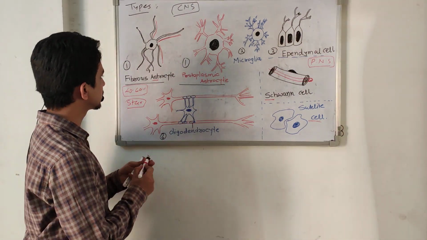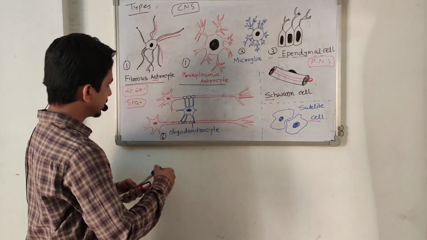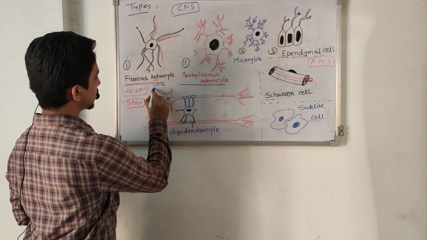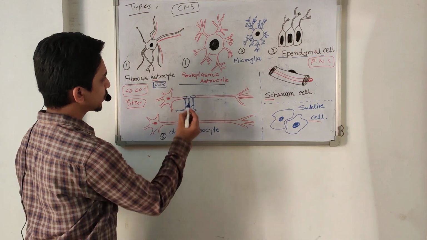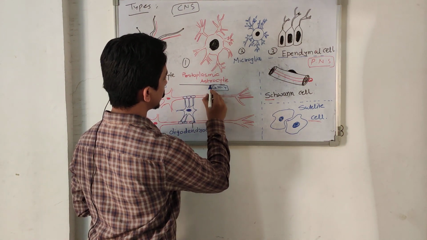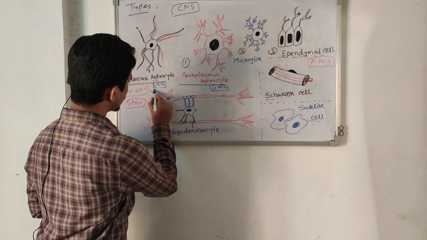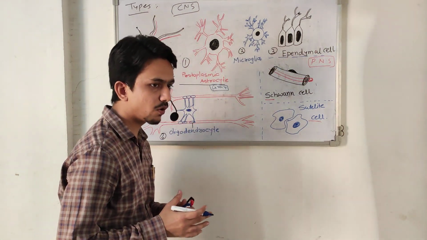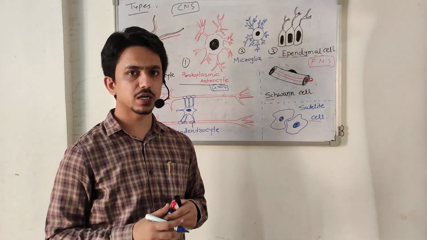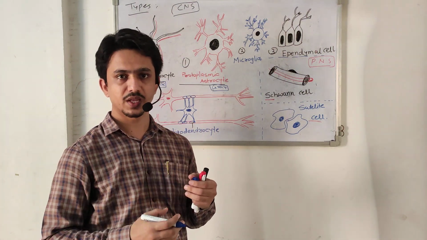Generally, fibrous astrocytes remain in the white matter, and protoplasmic astrocytes remain in the gray matter. So what is white matter? White matter is a bundle or collection of axons, or you can say a collection of fibers.